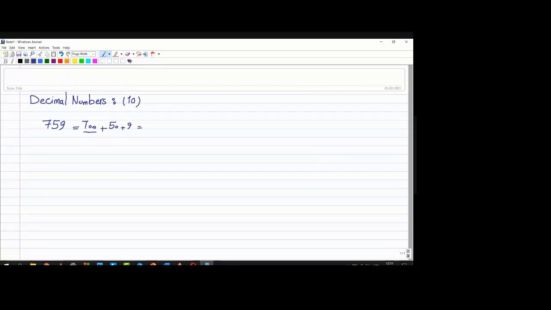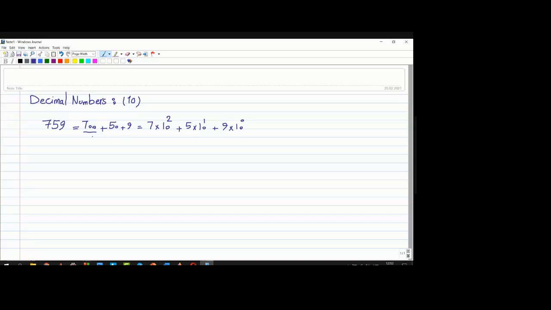Then we can rewrite this number like that: 7 times 10 to the power of 2, means 100, plus 5 times 10 to the power of 1, means 10, plus 9 times 10 to the power of 0. Each number to the power of 0 is equal to 1. It means that we have 9 times 1.